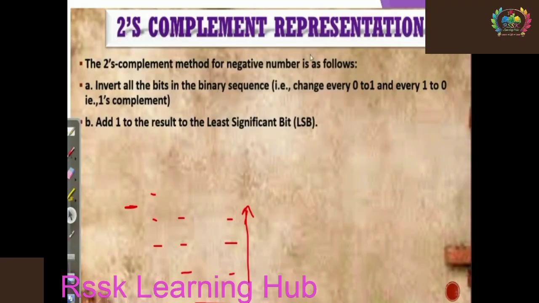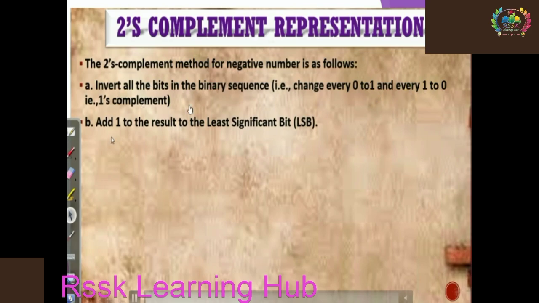Now moving to 2's complement, we will see how the 2's complement representation works. In this example, just follow the steps. The 2's complement method for a negative number is as follows. You have to invert all the bits in the binary sequence, change every 0 to 1 and every 1 to 0.